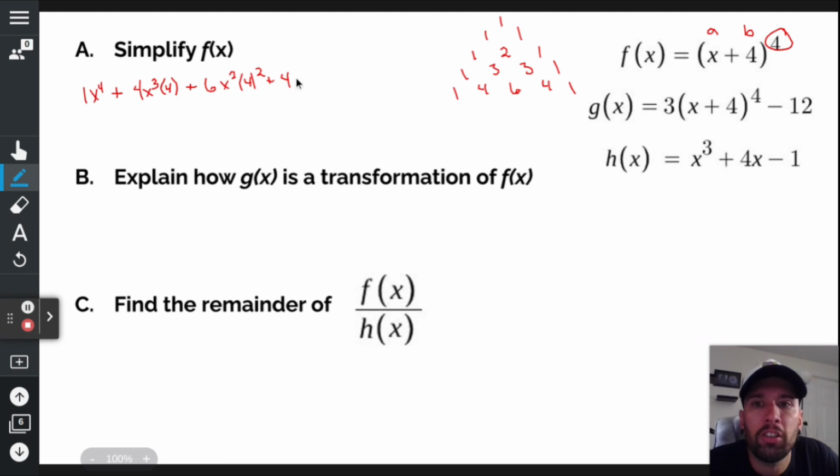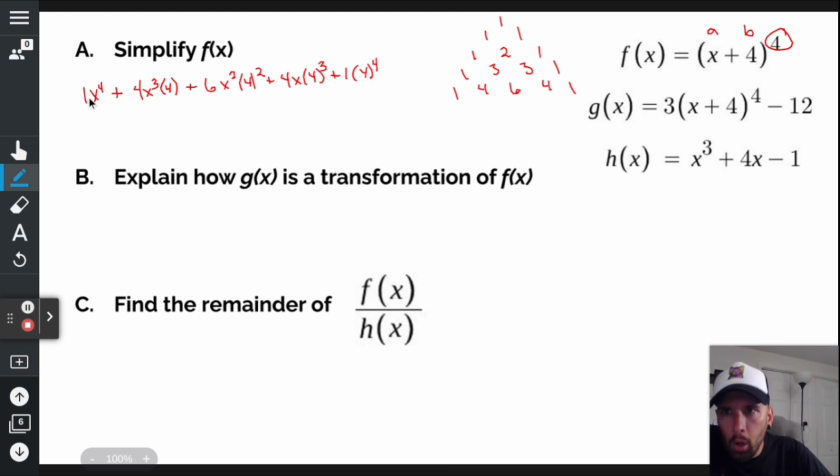Regular a is just x times 4 to the third, plus 1 times 4 to the fourth. Okay? 1x to the fourth is regular x to the fourth. 4 times 4 is 16, so plus 16x to the third.